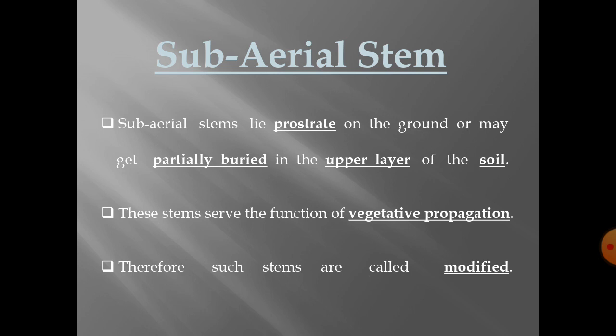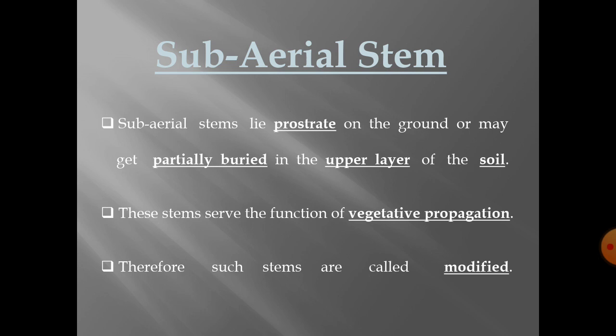So, don't be confused. Instead, remember always that subaerial stems may be found in two places. First, above the level of the earth, and second, below the level of the earth. Next point. These stems serve the function of vegetative propagation.